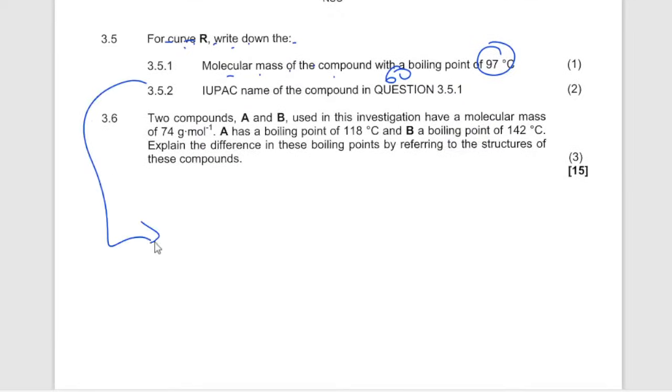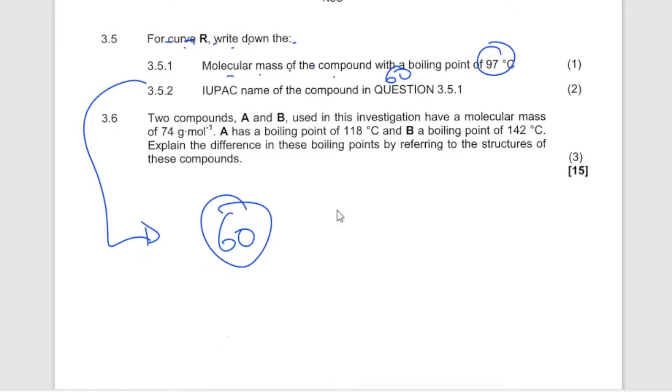Basically here, you need to find out which alcohol has a molecular mass of 60. That's all. Which alcohol has 60? It's easy to calculate.